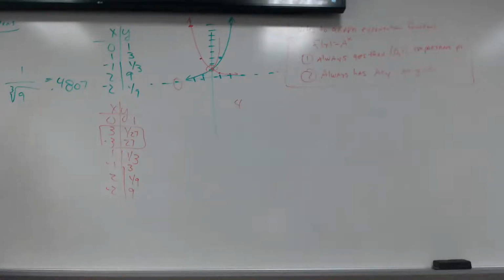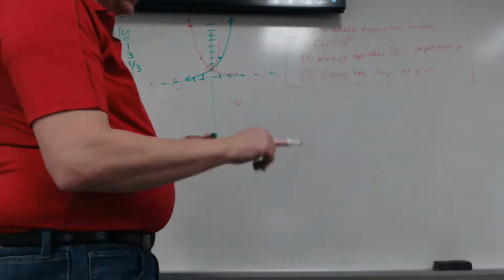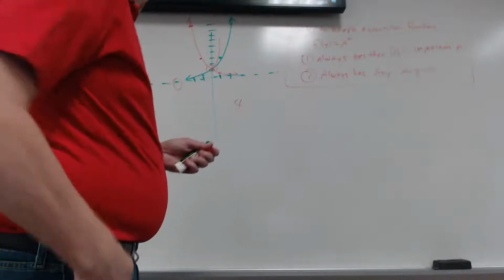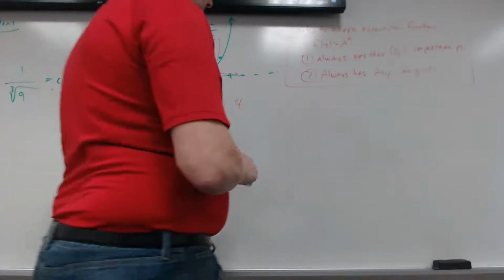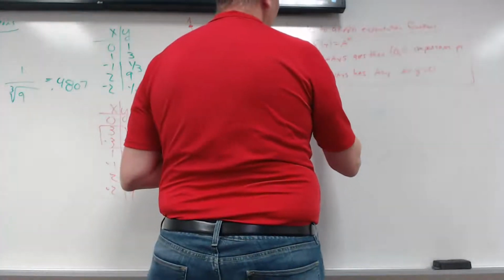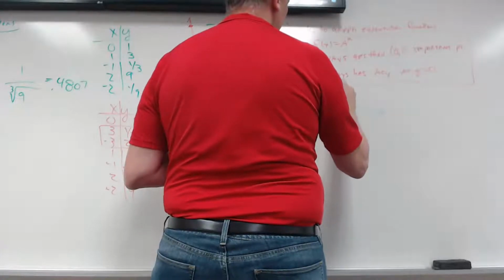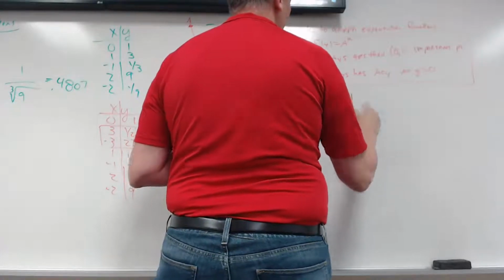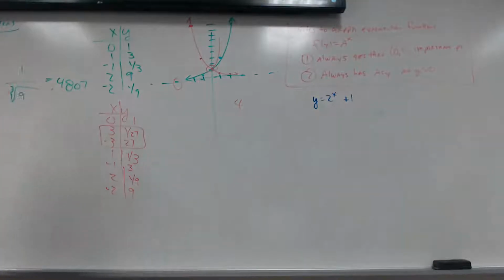All right. So the next question is, time for a new color, I guess. What if I had y equals 2 to the x plus 1? What does that plus 1 do to me, Andrew? Okay, good.